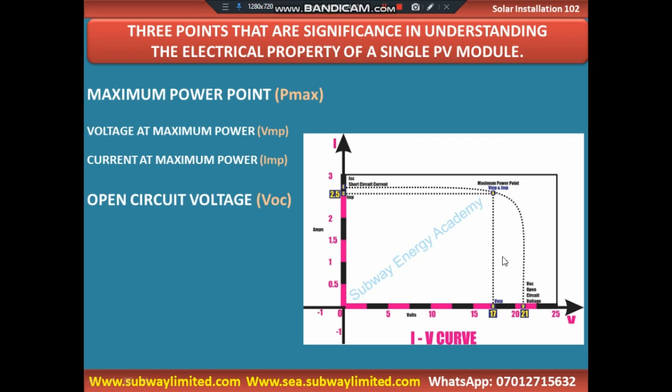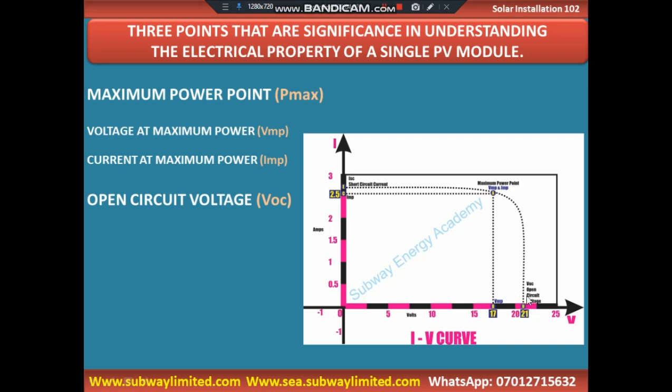What I said before now is that your open circuit voltage is the voltage that your solar panel will have when it is not connected to any load. So we will talk about the open circuit voltage. The essence of this is so that when you look at the solar panel, you know exactly what each of the parameters on the nameplate depicts.